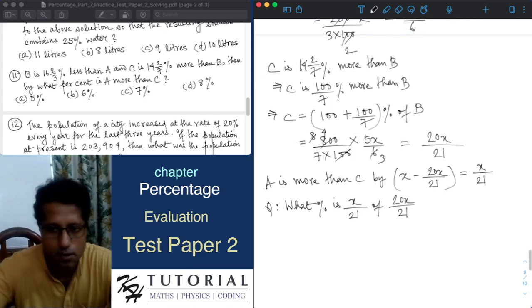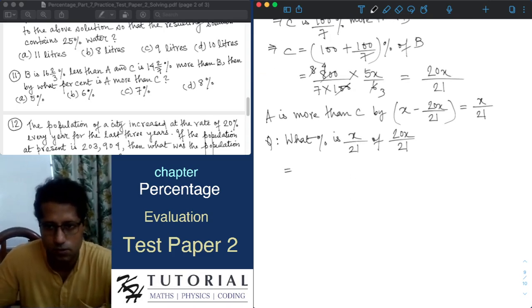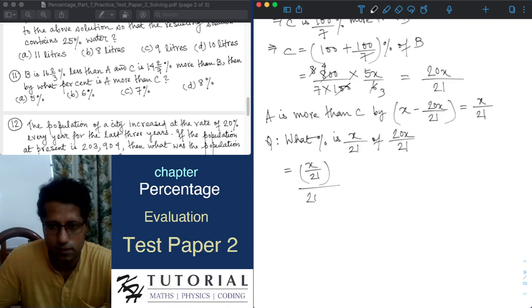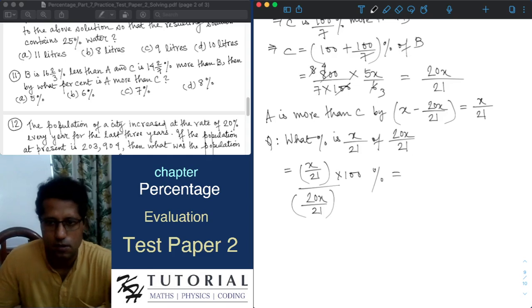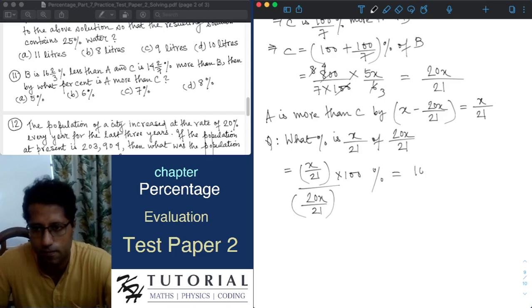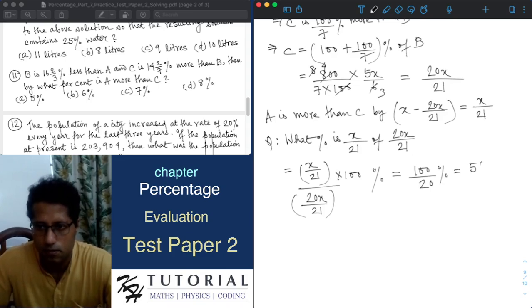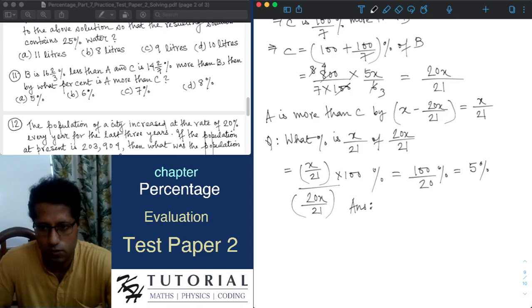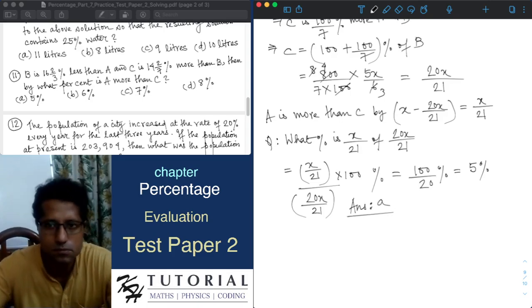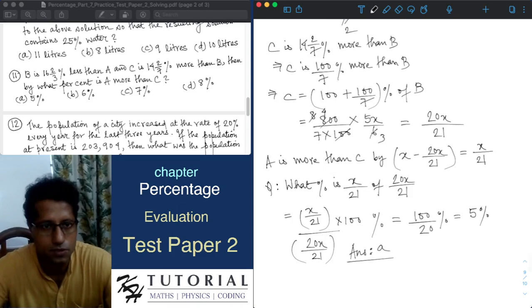This equals x by 21 divided by 20x by 21, multiplied by 100. x by 21 cancels out, so this is 100 by 20%, which is 5%. So the answer is choice A. Okay, let's do question number 12.